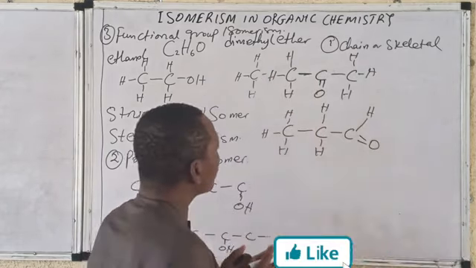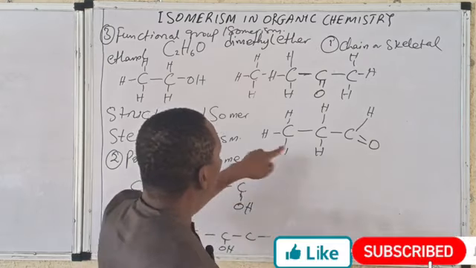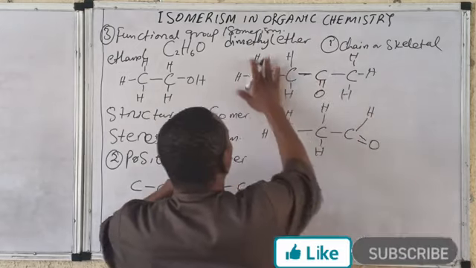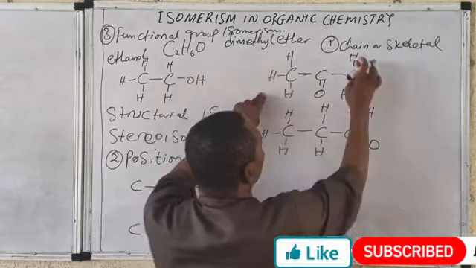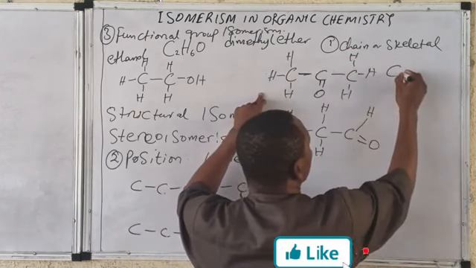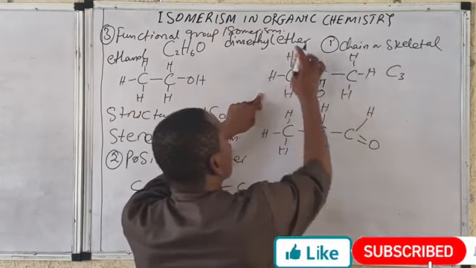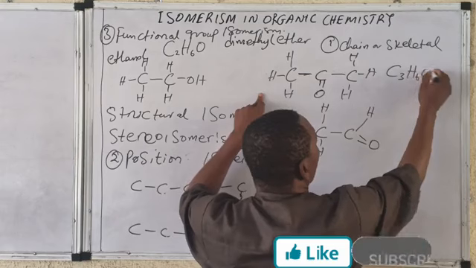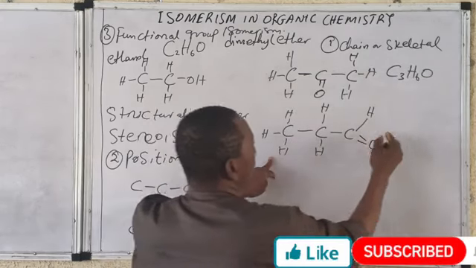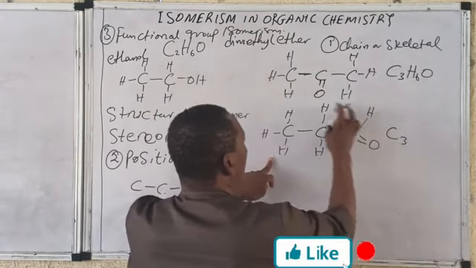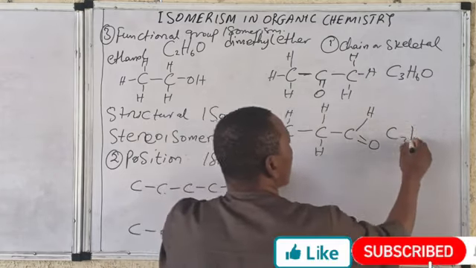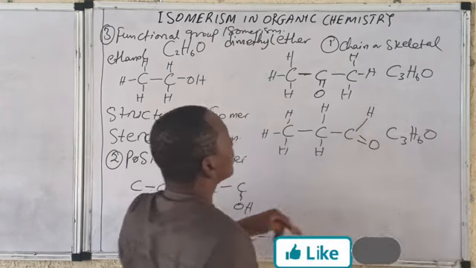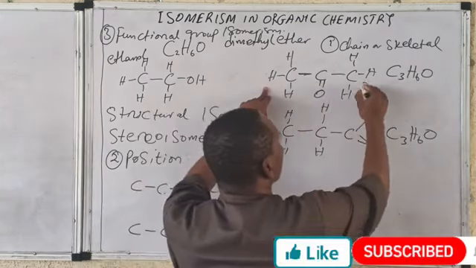Now, let's examine something. Let's clean this place. This is not part of it. So C3, H: 1, 2, 3, 4, 5, 6. H6, then O. Here, C3, H6, then O. This is propanone.